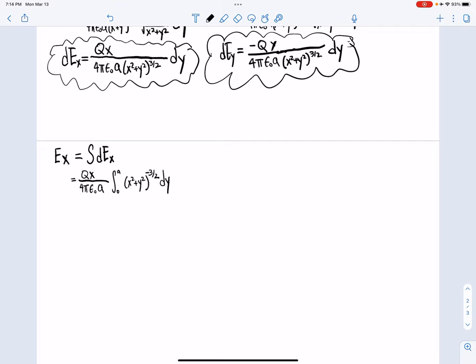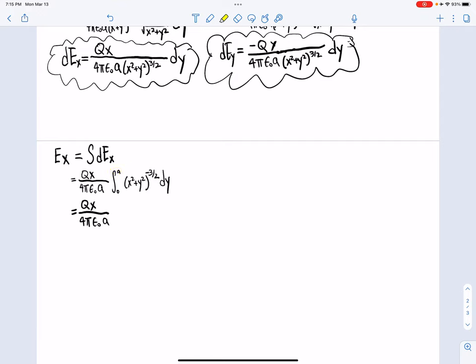So I'm going to go on a little side mission again to get the integral of this guy. Then I would put that on the bottom. So here I'll have qx over 4 pi epsilon naught times a, and then let's do a side mission to get the value for this guy.